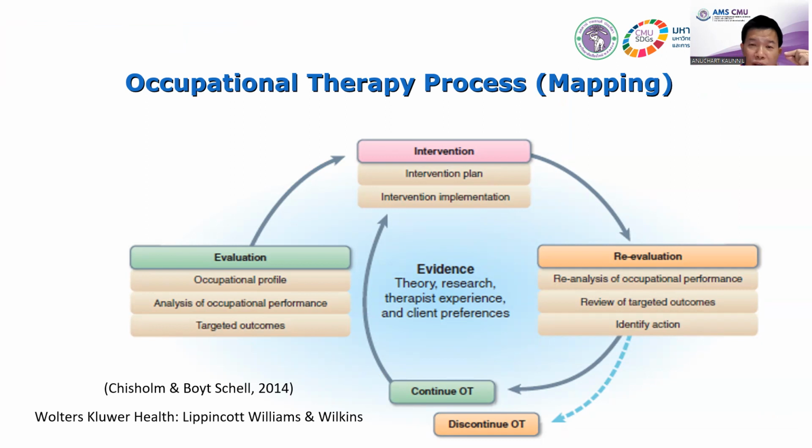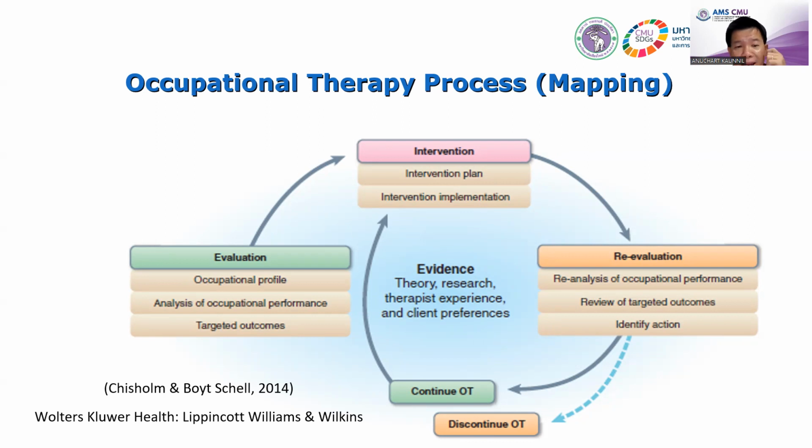We can read the profile from the medical record, but for the occupational profile, the occupational therapist needs to probe and find out what occupations the client could do in the previous time, from doing, being, and becoming. And what is belonging?